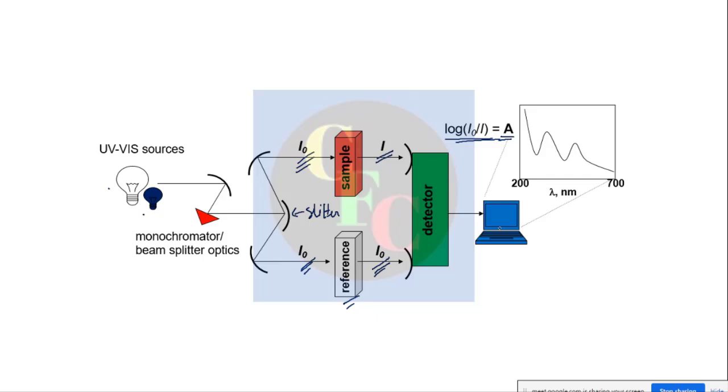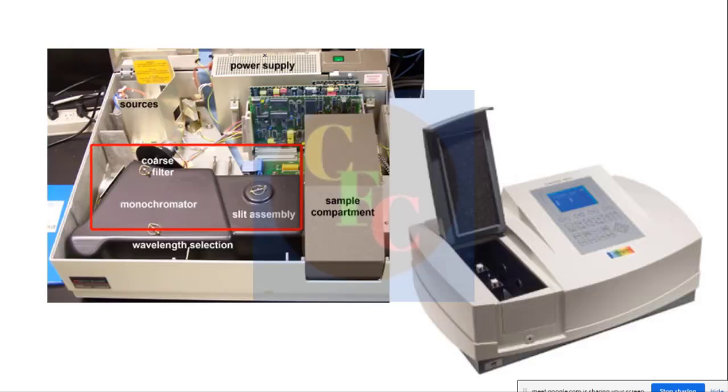And all these things are done by computer programming, and as a result you see the spectrum like this. Now this looks very simple, but really this is a very complicated piece of electronics. You see a source is here, then a quartz filter, then a monochromator, that means wavelength selection is going on.